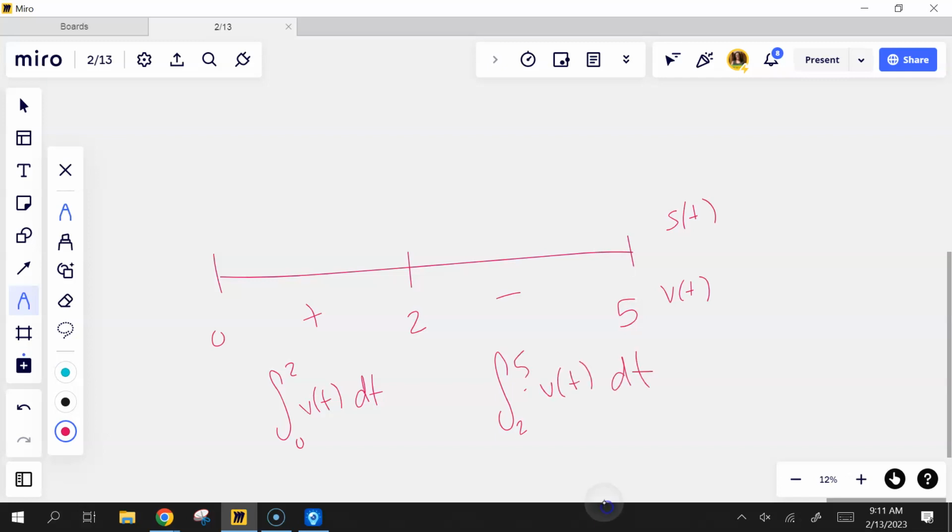But for this negative piece, instead of adding, I'm going to subtract. Because this is going to give me a negative value, and I can't have it be negative. So I'm going to force the sign over to positive, which is the same thing as doing the absolute value of velocity. So you'd have to split it into multiple integrals is what I'm getting at.